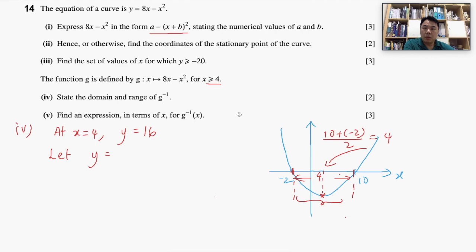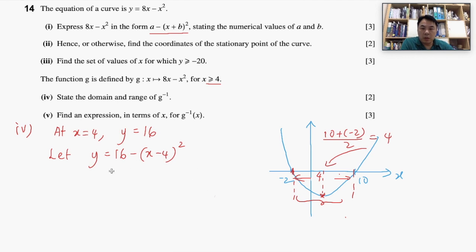I hope that you still remember the completing the square form. Let me recall that for a while. If I recall this correctly, that would be, hold on, 16 minus x minus 4 squared. 16, yeah, correct.